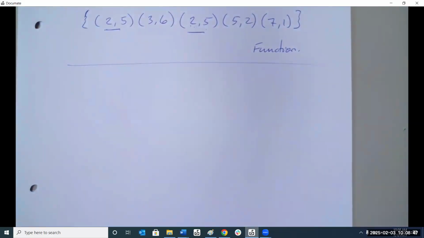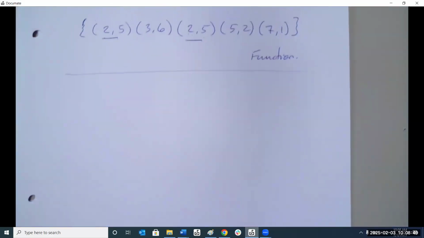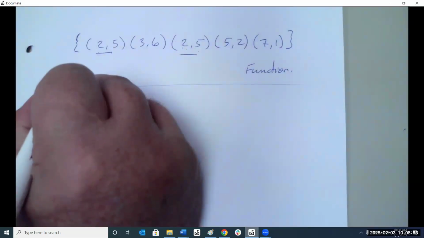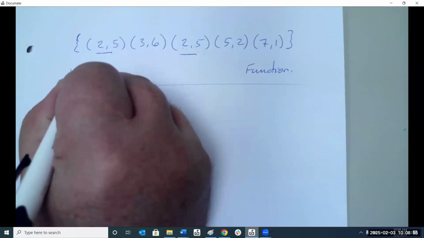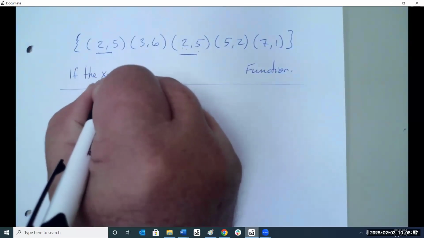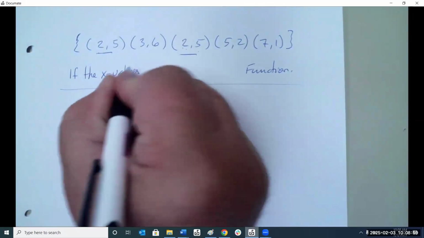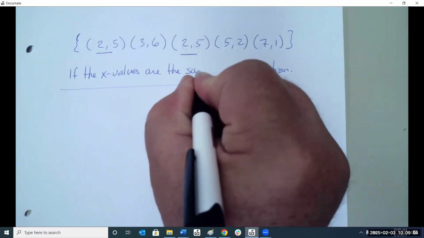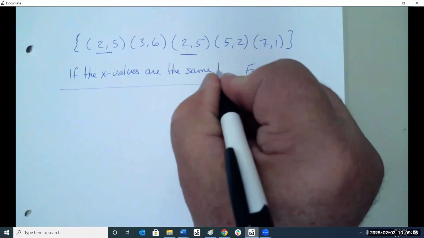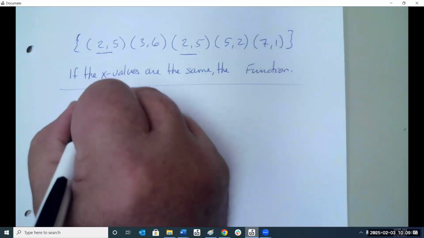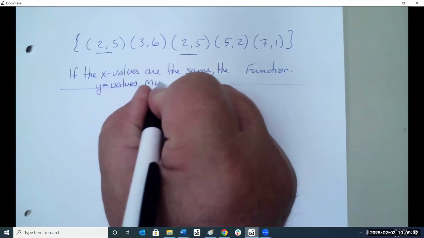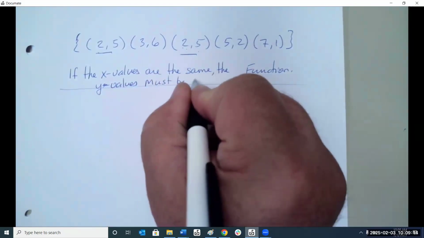You got it now? Put it into words. Put it this way: if the x values are the same, the y values must be the same.